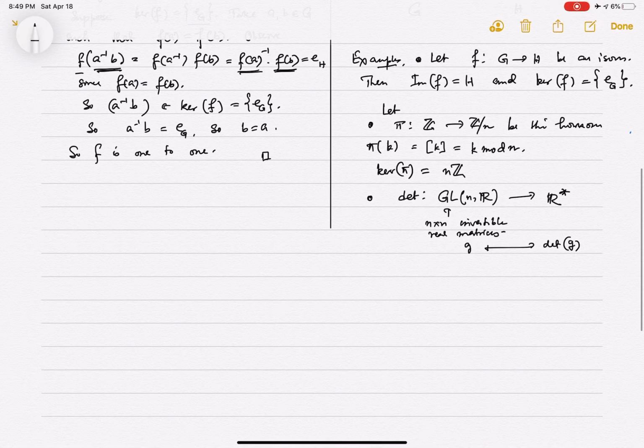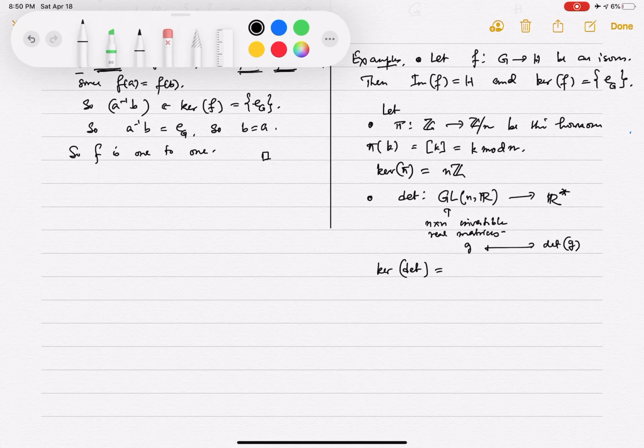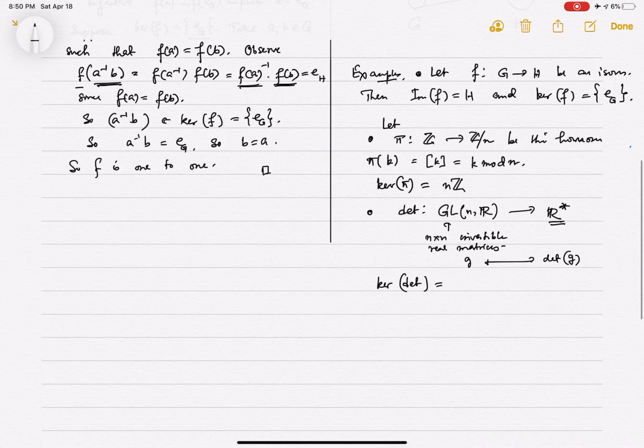What is the kernel of this? It's all the matrices that go to the identity in this group. What is the identity in this group? This is the group of non-zero real numbers under multiplication.